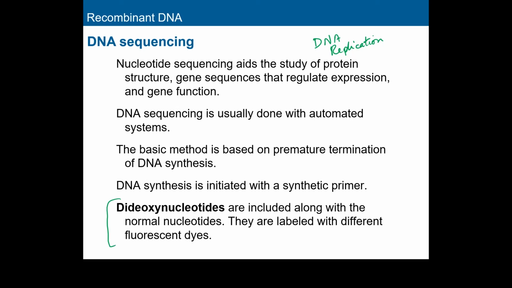He modified the nucleotides from being deoxynucleotides to become dideoxy. This is the natural nucleotide for DNA, but what he did was dideoxy, meaning there was removal of two oxygens.